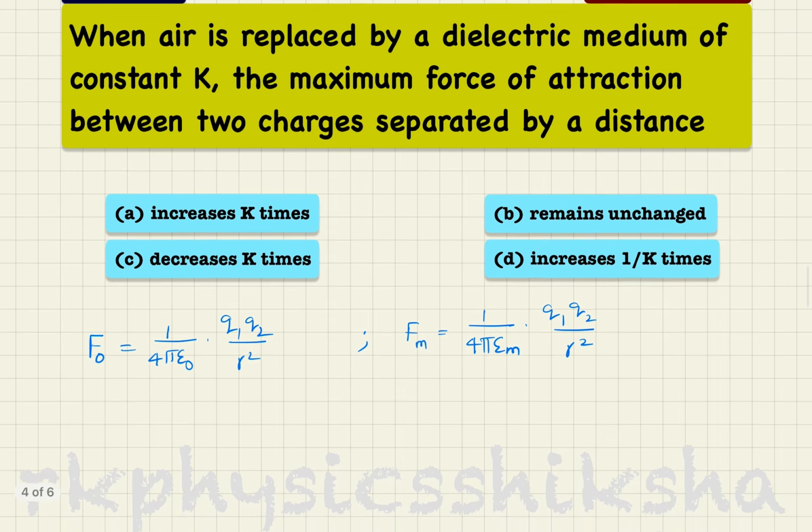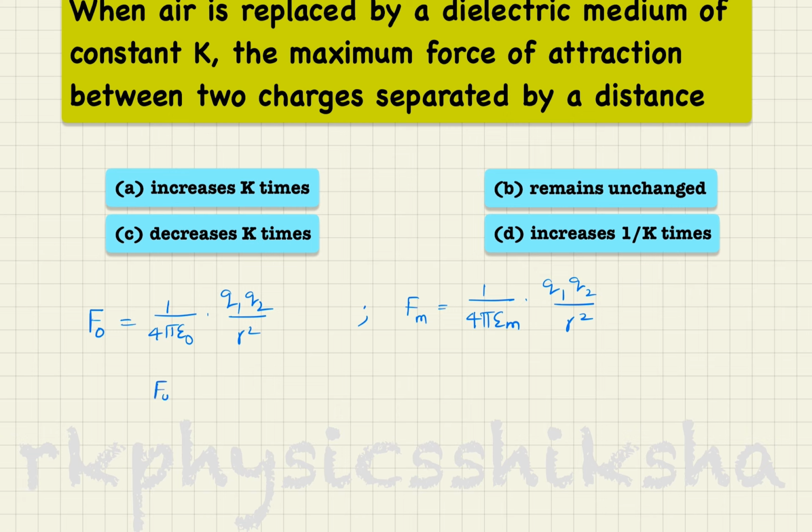So dividing both the equations, what will I get? F naught by Fm is equal to 1 by 4 pi epsilon naught into Q1 Q2 by R square into 4 pi epsilon m divided by 1 into R square by Q1 into Q2.